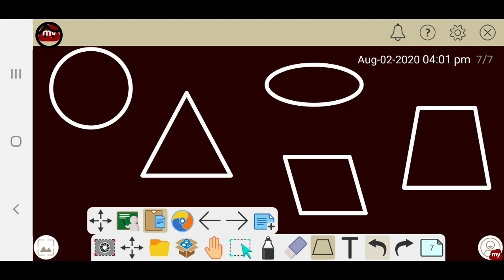Now you can see different shapes. One thing we can understand is that these are all closed. You can see that all these shapes are closed.